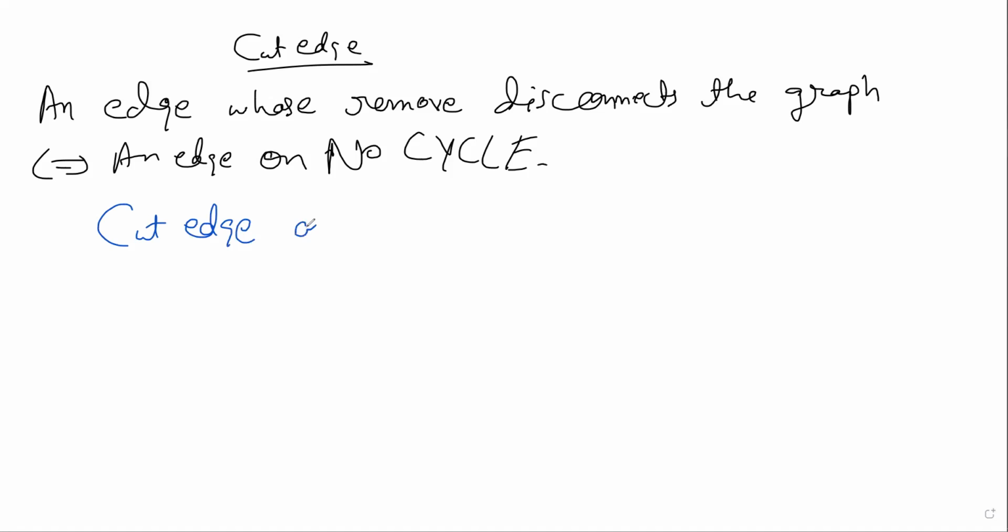What is the connection? Yes, exactly. That can also be taken as the definition of a tree, because if every edge is a cut edge, it means that it's a connected graph with no cycles, and that's a tree. So we get another definition of trees.